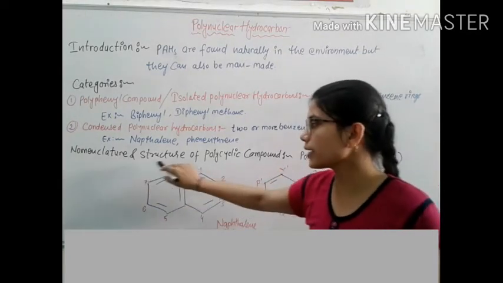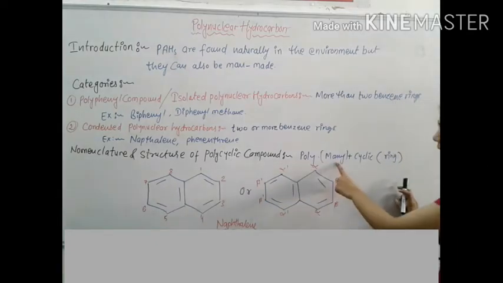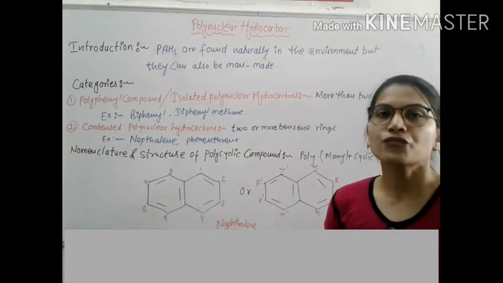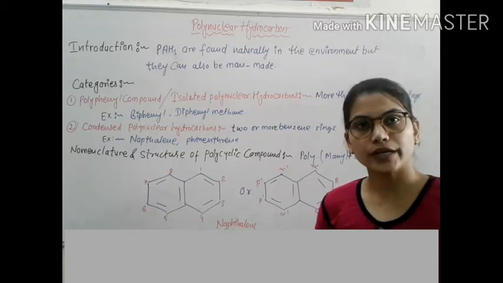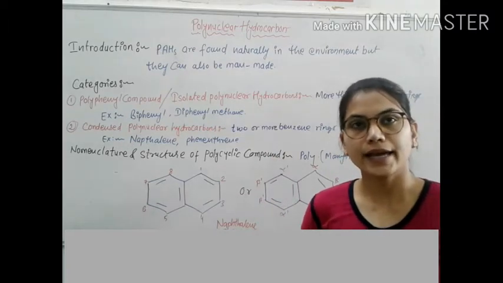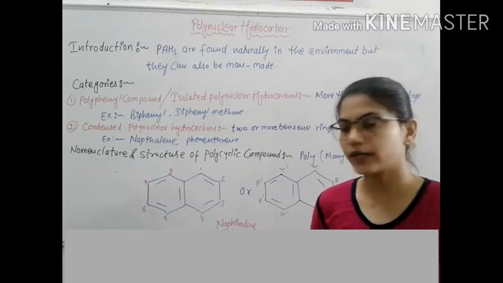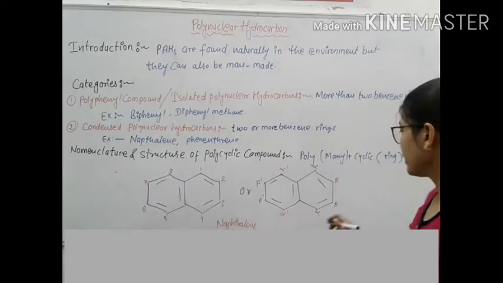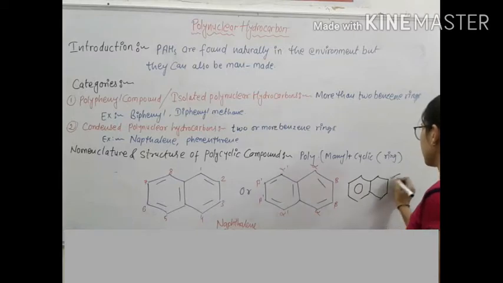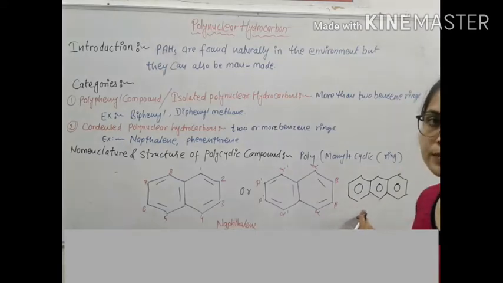Next point is nomenclature and structure of polycyclic compounds. Poly means many and cyclic means ring. Polycyclic compounds have two or more than two rings. For example, two rings are in naphthalene, and more than two rings in anthracene.